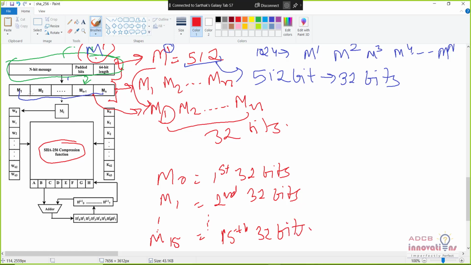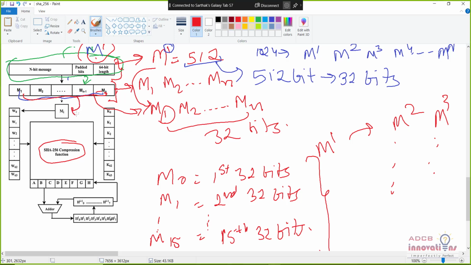Once this pass is done for M1, next the same pass will be done for M2, and again the same pass will be done for M3. That's why it is going from M1 till Mn. So the ith values of M will be given in the W registers, that is, the word registers from W0 to W63.